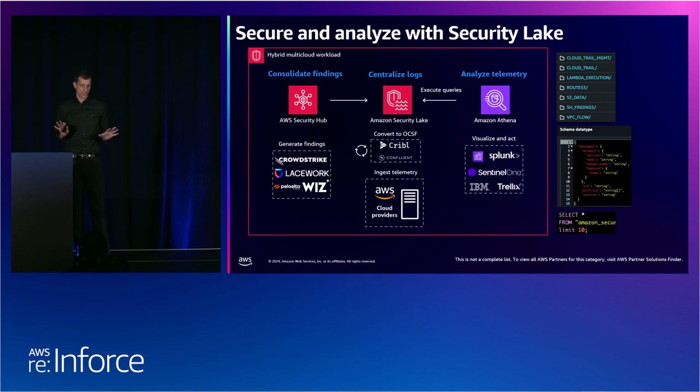Okay, so now that we've level set events and security findings, we can take the discussion to the next step, which is securing and analyzing workloads within the AWS Security Lake. So first, we need to identify assets and potential vulnerabilities that might exist within our environment. For each of these, we need to determine any logging requirements that might be needed to give us coverage across those vulnerabilities, and then make sure that we're ingesting that logging information.